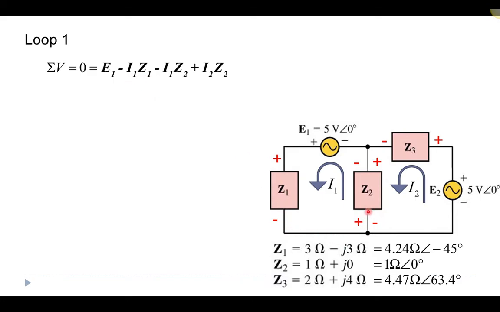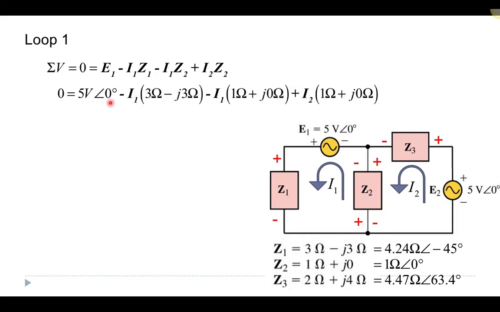Then I get to Z2 and I have a drop across Z2 due to the current I1, so current times impedance, that's my voltage drop. But I also have a rise across Z2 due to the current in the other loop and the direction of that current. So I have a rise across Z2 from current 2.